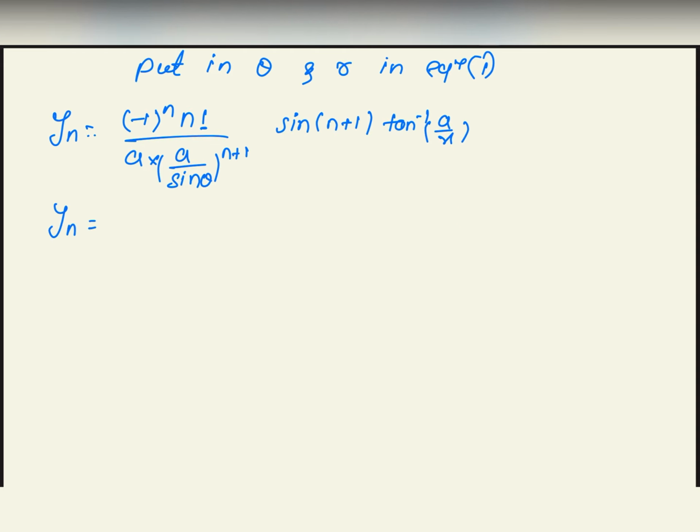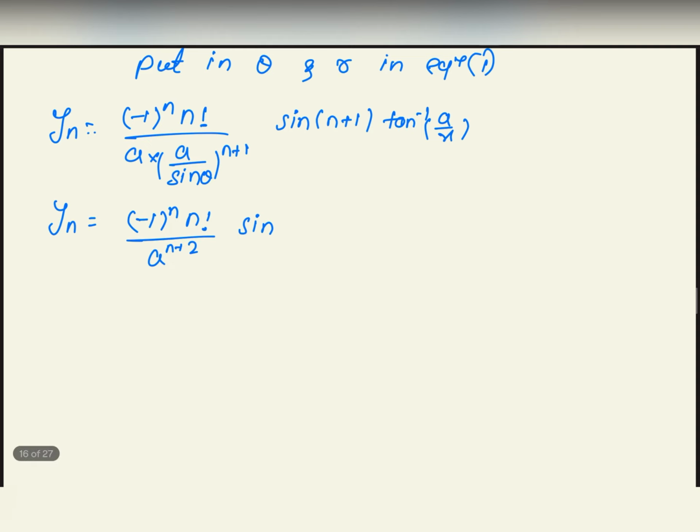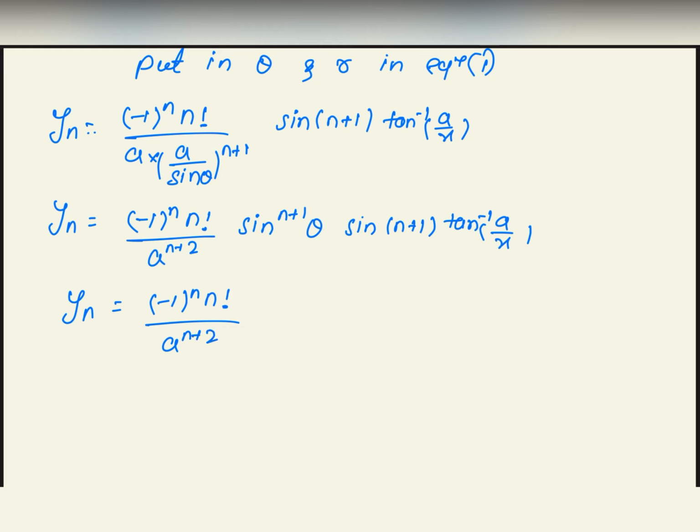So yn is equals to minus 1 to the power n into factorial n divided by a to the power n plus 2 or sin to the power n plus 1 theta into sine n plus 1 tan inverse a by x. Hence yn reduced to minus 1 to the power n factorial n divided by a to the power n plus 2 sine n plus 1 theta is equals to tan inverse.